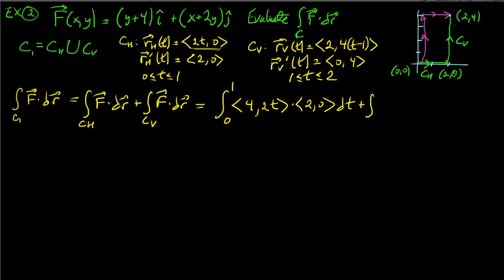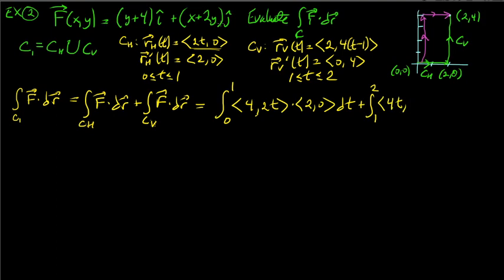But for now, we're doing the horizontal part from 0, 0 to 2, 0, and then the vertical part from 2, 0 to 2, 4. Okay, so for the vertical part, t goes from 1 to 2, and then, let's see, y plus 4 is going to be 4t minus 4 plus 4, which is just 4 times t.